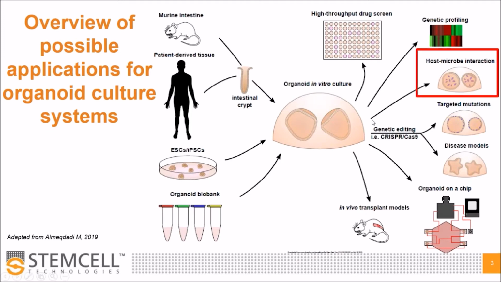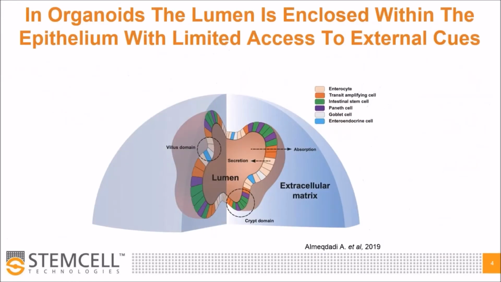As I said, this presentation will be mainly focused on host-microbe interaction. For this reason, on top of what has already been widely discussed by previous speakers of this webinar, I would like to highlight some characteristics of these culture systems that are really important for studies that focus on infectious diseases.